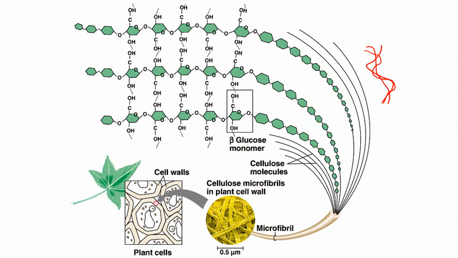As the molecule twists, we form a sugar molecule called cellulose. This is a really complex molecule, and it's really hard to digest cellulose and break it down. This is actually what paper fiber is made from. It's made from the plant cell wall, and you don't have a way to digest it.